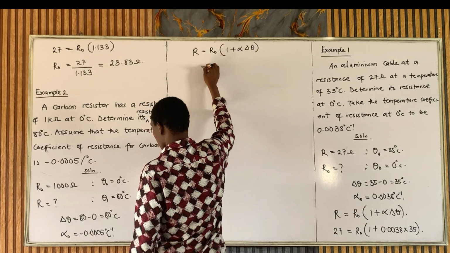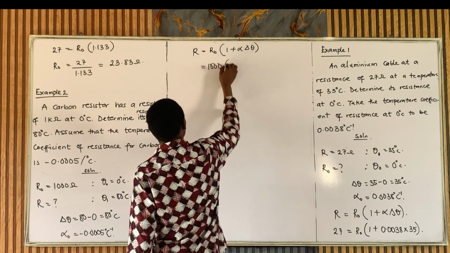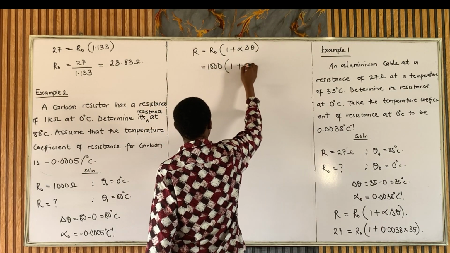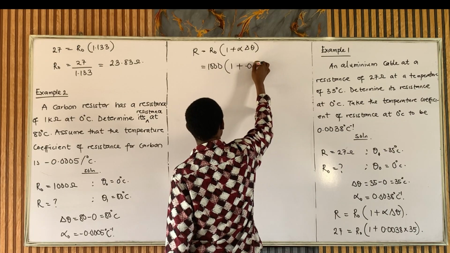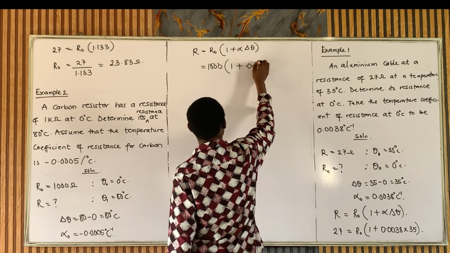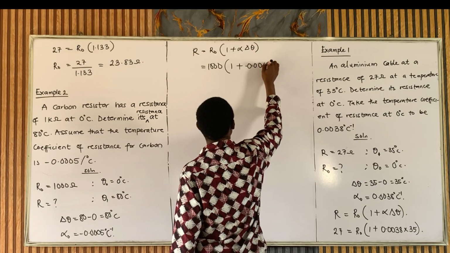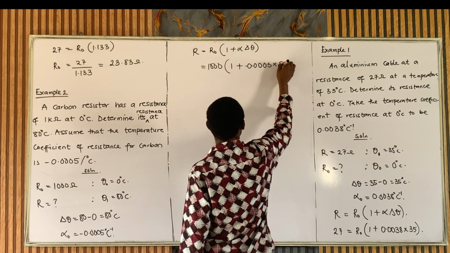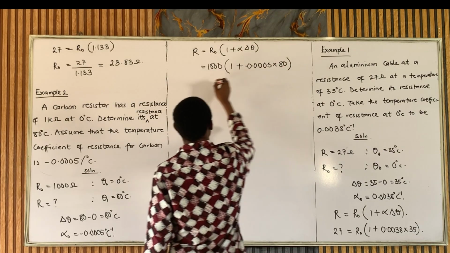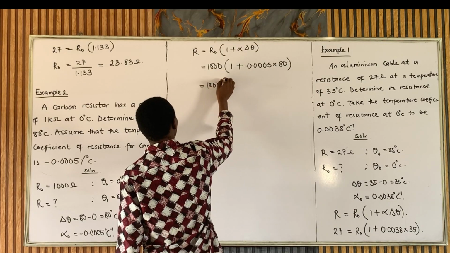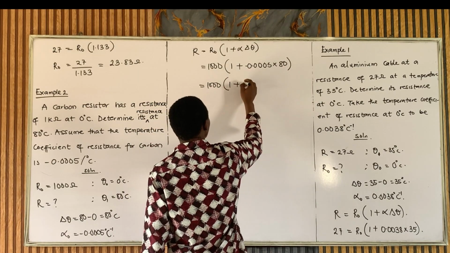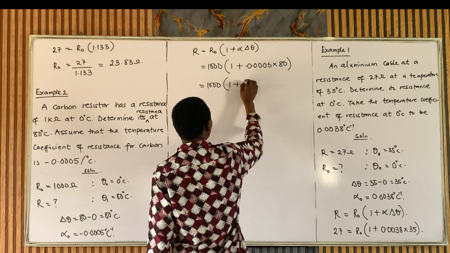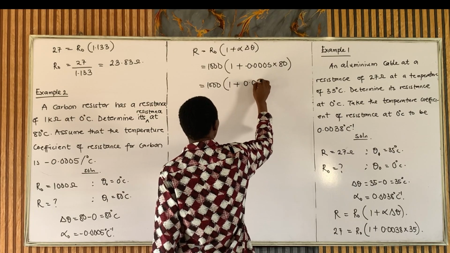So our R naught is given as 1000 into bracket 1 plus alpha, which is minus 0.0005 times temperature change, that's 80. So this will give us 1000, 1 plus, multiply this with this, we are going to have 0.04.